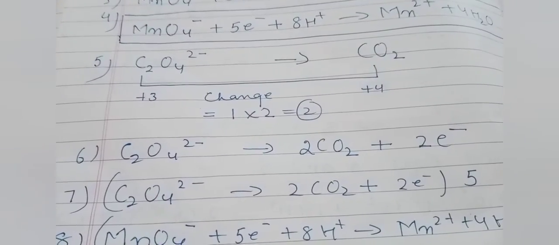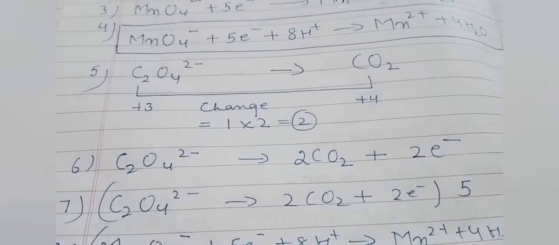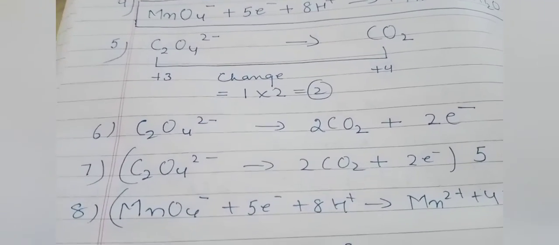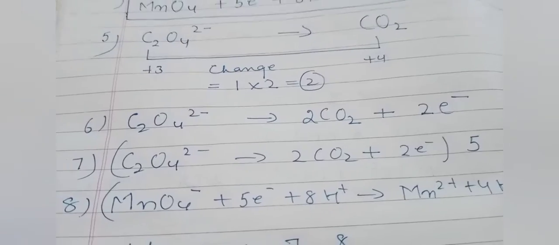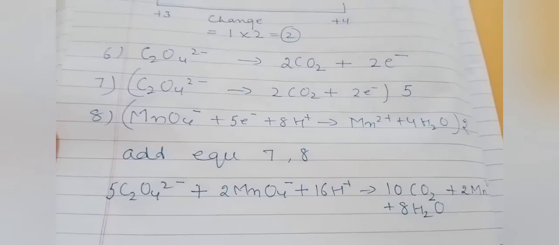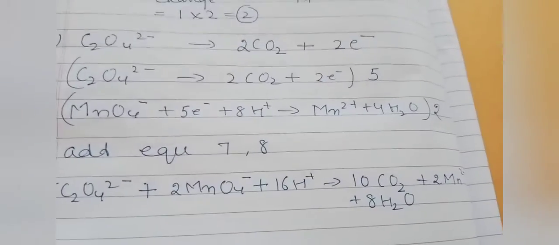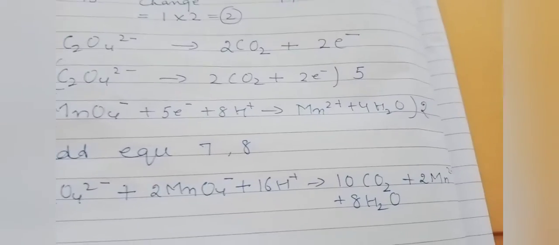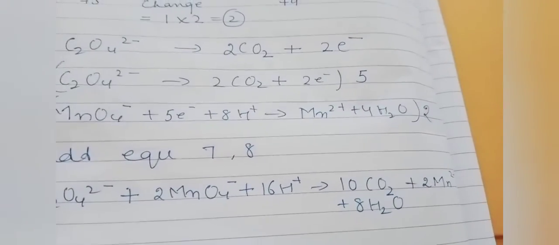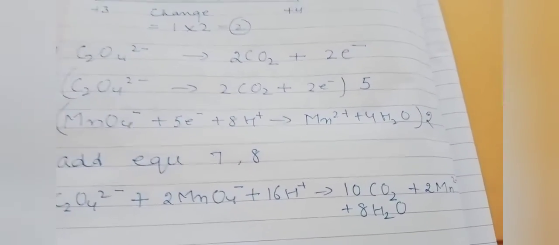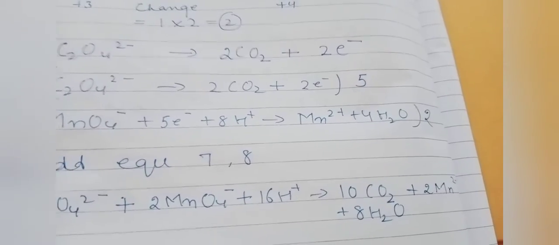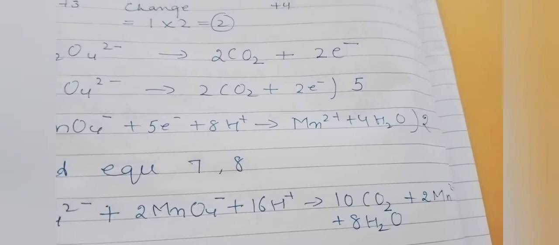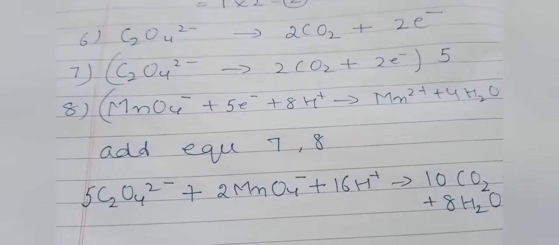When you multiply and add, you get the final balanced equation: 5 C2O4 2- plus 2 MnO4- plus 16H+ gives 10 carbon dioxide plus 2 Mn2+ ions plus 8 water molecules. Thus the equation becomes balanced.